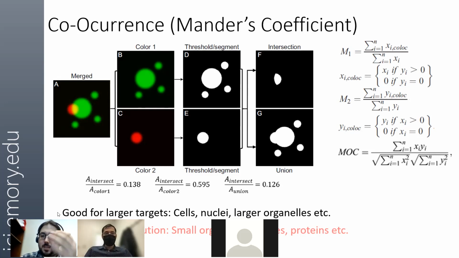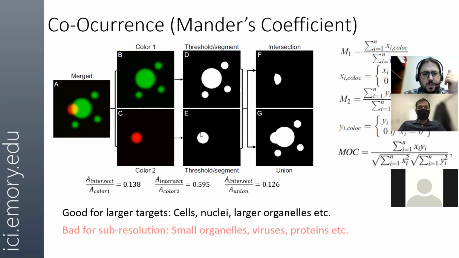But for those who are interested, here is the mathematics of it as well. So Manders essentially measures the overlap between two sets of images, the intersection of a set of images with different labels.